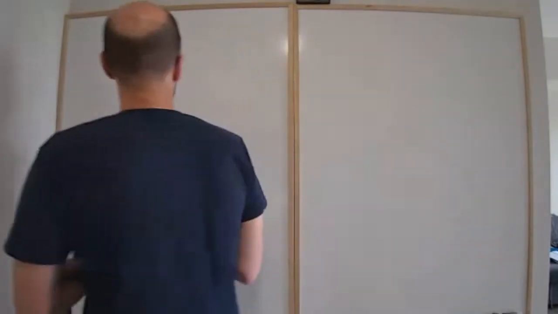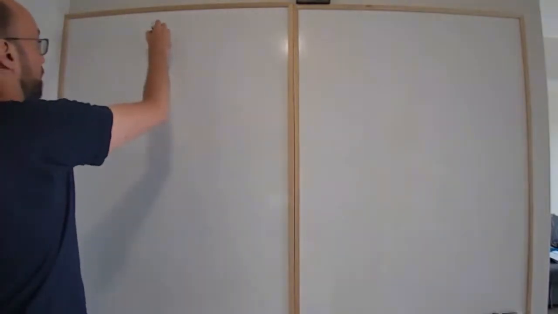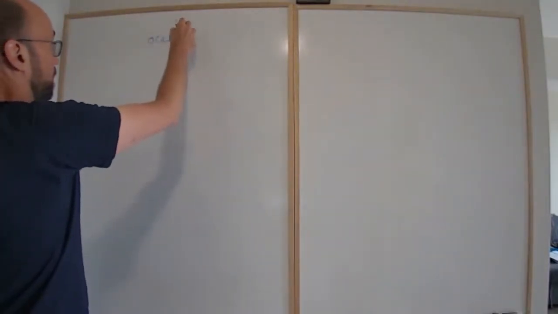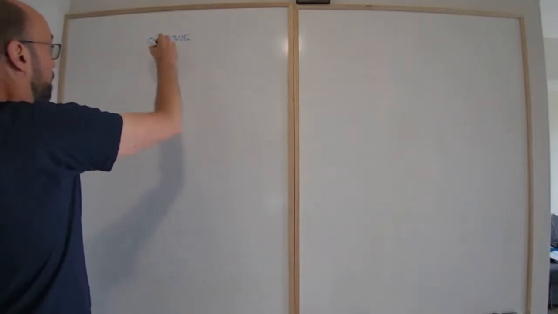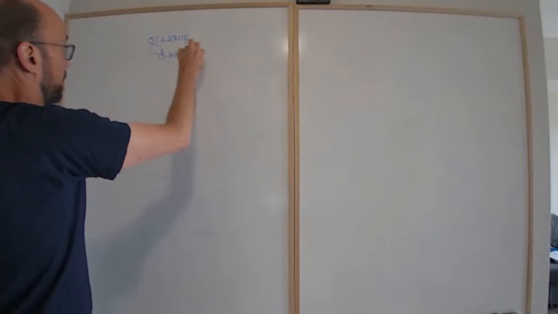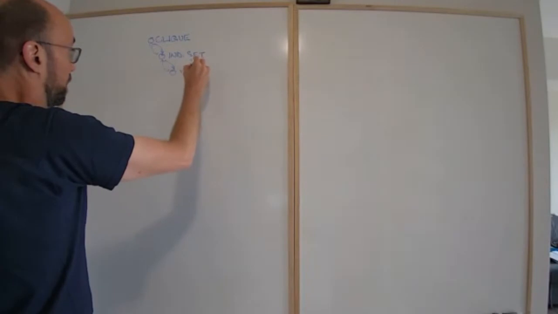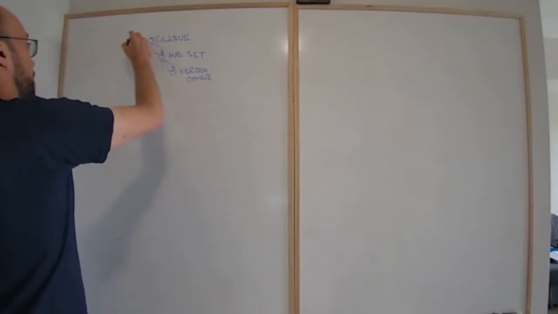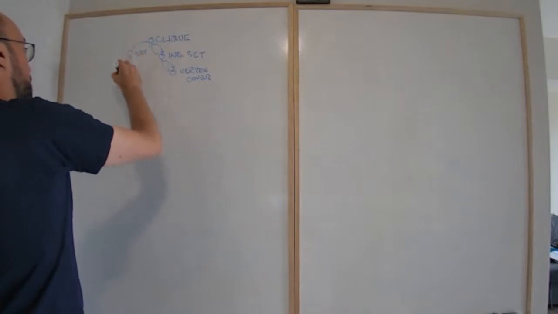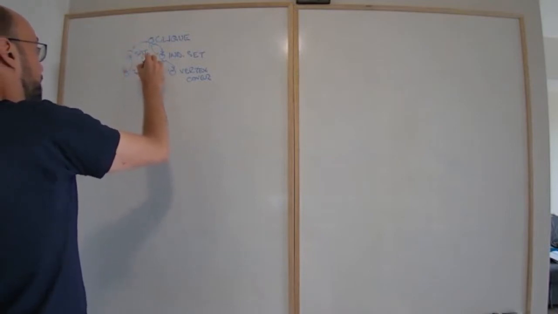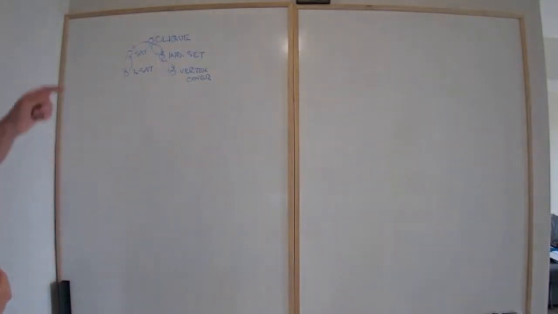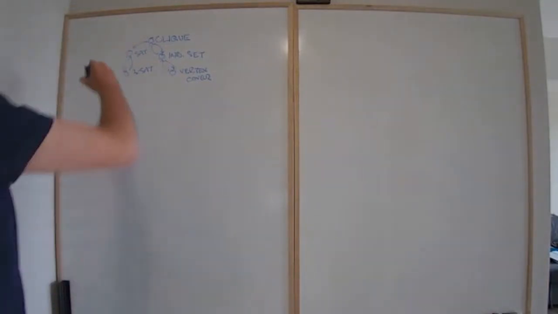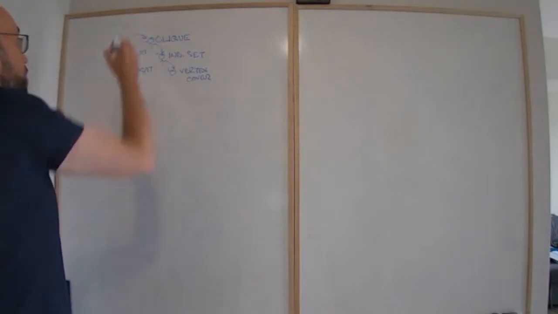Okay? So what we had was clique, independent set, vertex cover, and then we had SAT, and obviously 3SAT reduces to SAT, but what we showed was that actually SAT reduces to 3SAT, and then we showed that 3SAT reduces to clique.